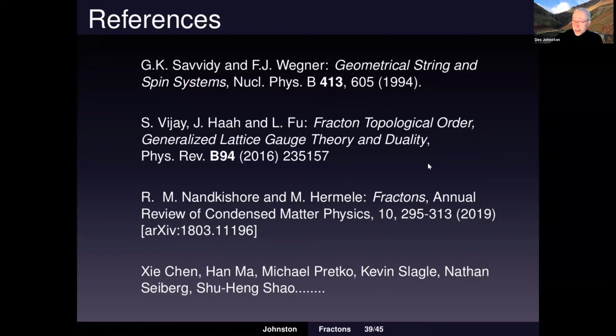If you're interested in the continuum theory, which I'm glad to hear nobody has asked me any questions about, since I know even less about that than I do about the rest of this: Zhu Chen, Michael Pretko, Kevin Slagle, and also Seiberg has written quite a bunch of papers recently with one of his PhD students or postdocs, Shu-Heng Shao, about continuum theories that correspond to these fractons.